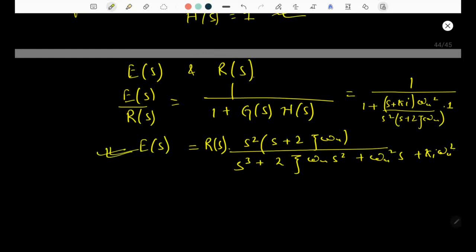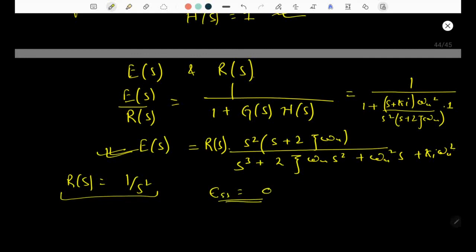All right, and it can be shown that if the input is a unit ramp function, that is, R(s) equals 1 upon s square, then the steady state error ESS comes out to be 0.